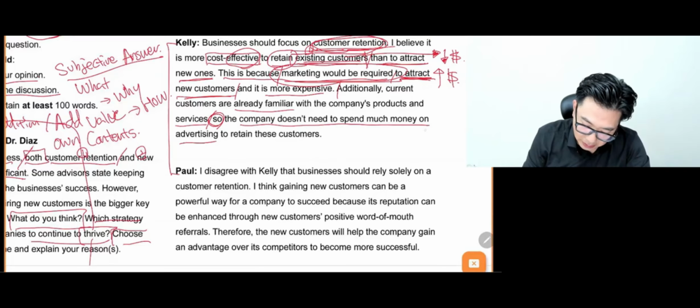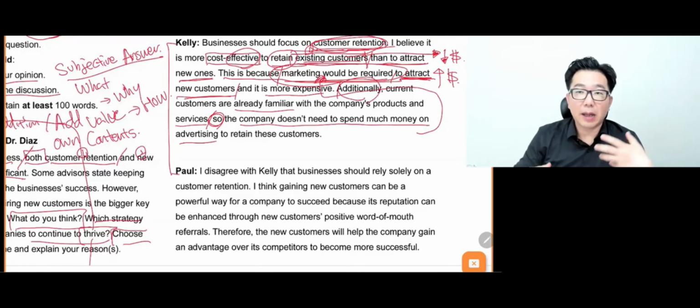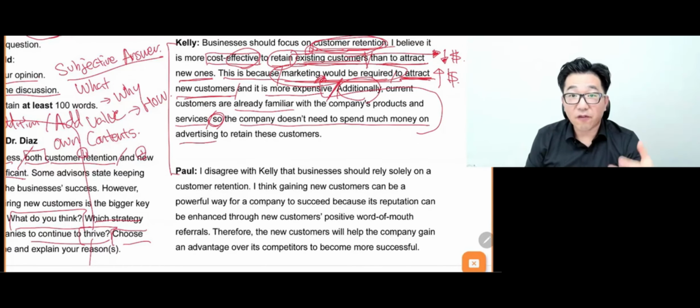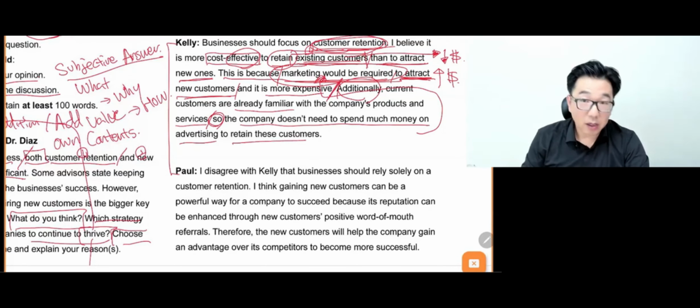It's explaining what he already said. It's not really a new reason. Okay. It's trying to explain what he said deeper and further, which I explained already. Okay.